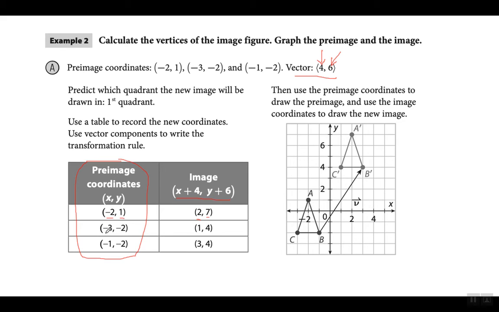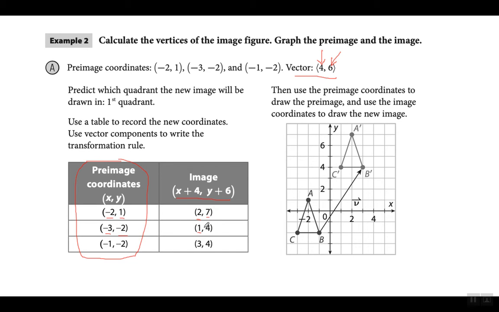Let's take the next one. Negative 3 is the x coordinate. The vector is telling me that whatever x is, I have to add 4. Negative 3 plus 4 is positive 1. The y coordinate is negative 2. The vector tells me that whatever y is, I have to add 6.